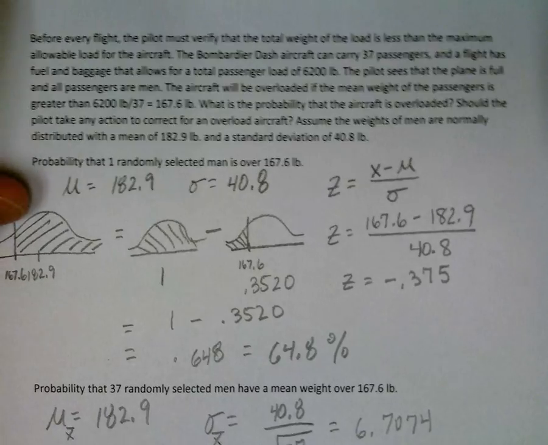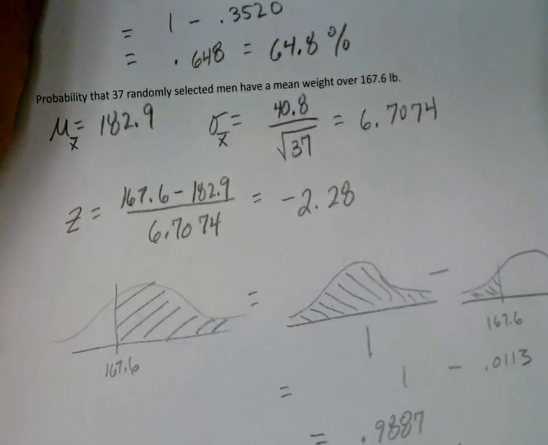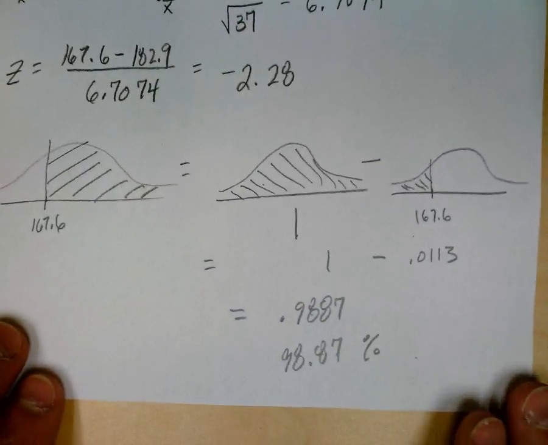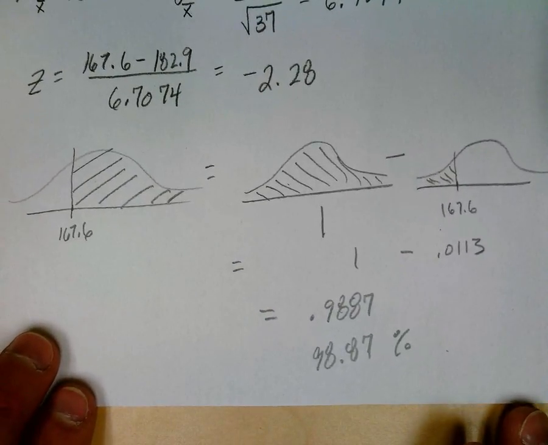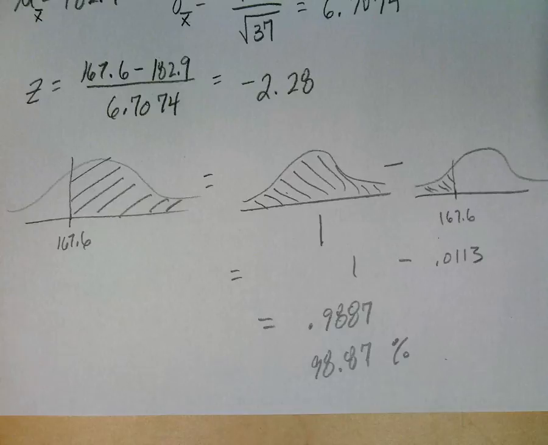So if you select 37 men, then the probability that their mean weight is greater than 167.6 pounds should be really good, and it is: a 98.87% chance that the mean weight will exceed 167.6 pounds.